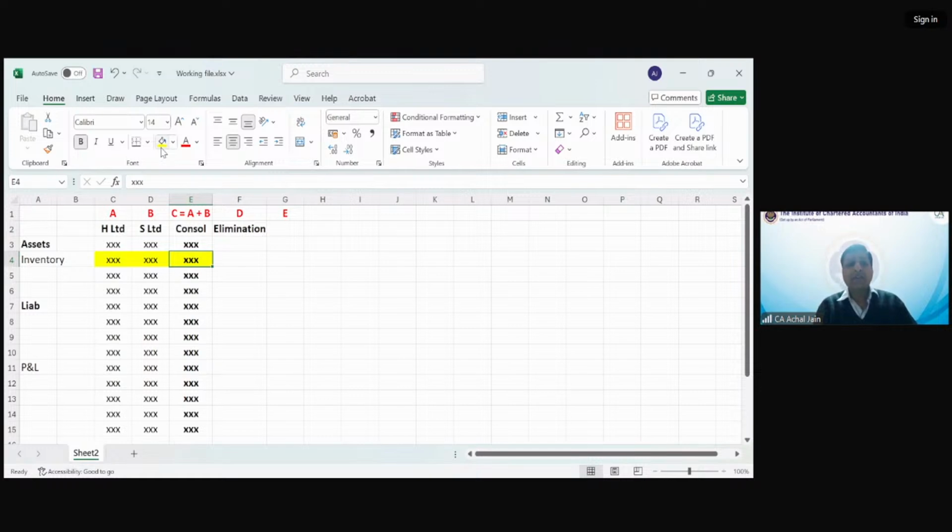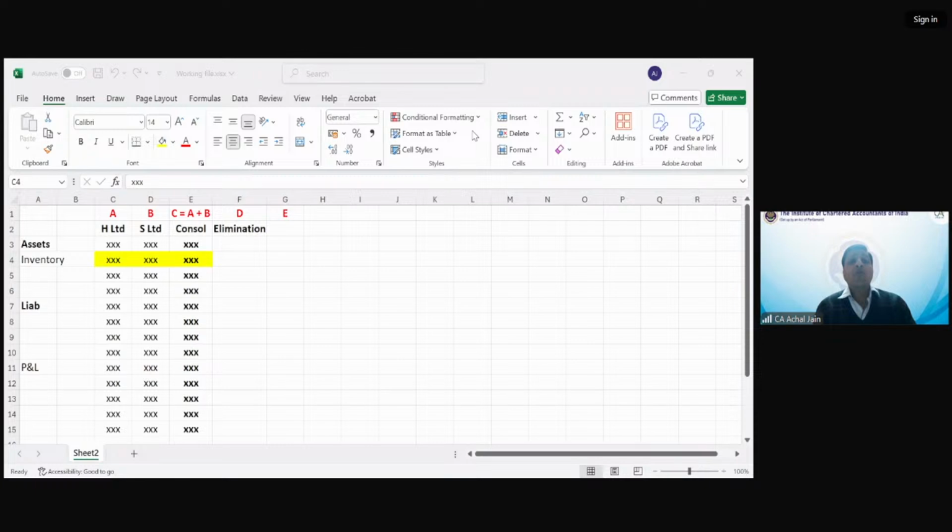What if, for the purposes of valuation, H was following the FIFO method, and S was following weighted average? Is that possible or not? Because these were two different companies, is it possible that these two different companies may have different accounting policies? Yes or no? That is possible.